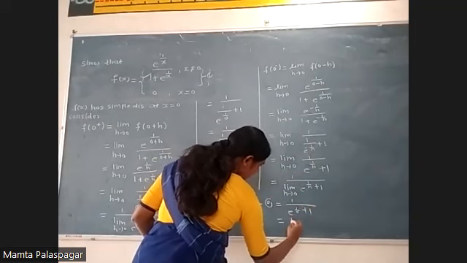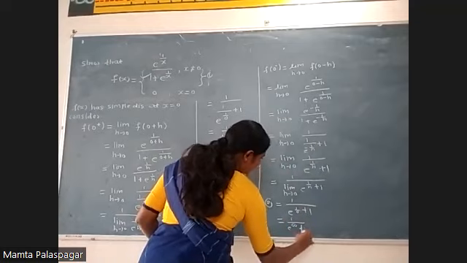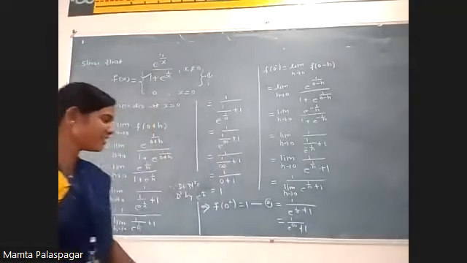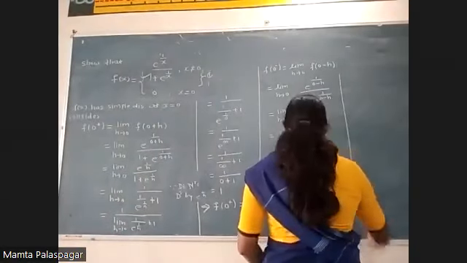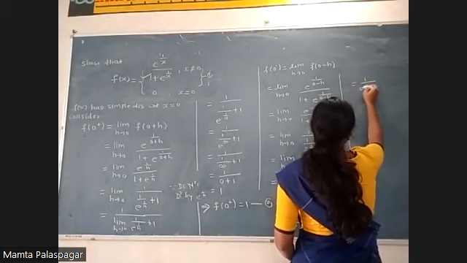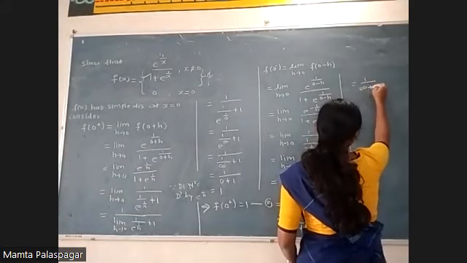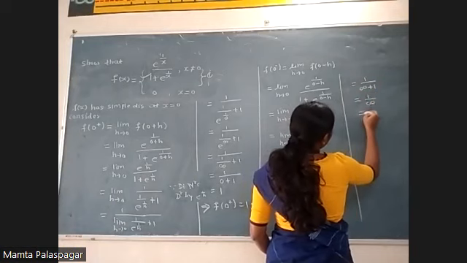So here we get 1 upon e to the power 1 upon 0, meaning e to the power infinity, plus 1. And we know that e to the power infinity has the value infinity. So here we get 1 upon e to the power infinity, the value of this term is infinity, plus 1. So again 1 upon infinity is 0.